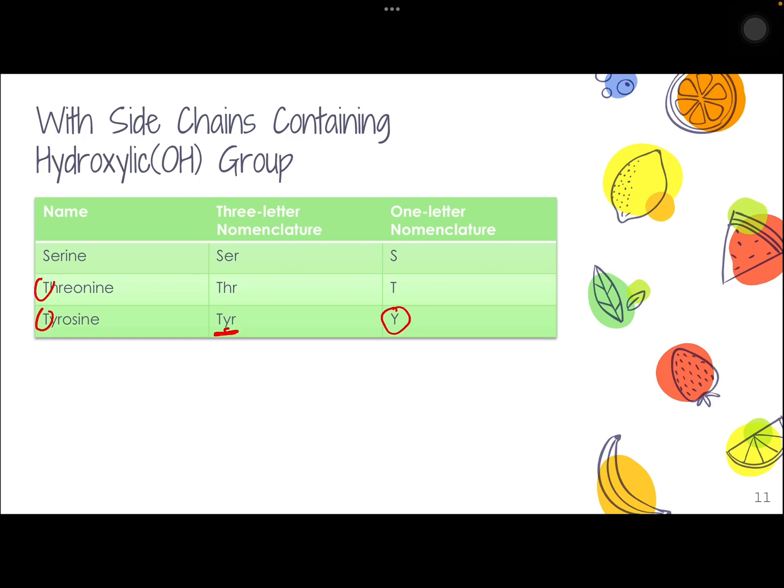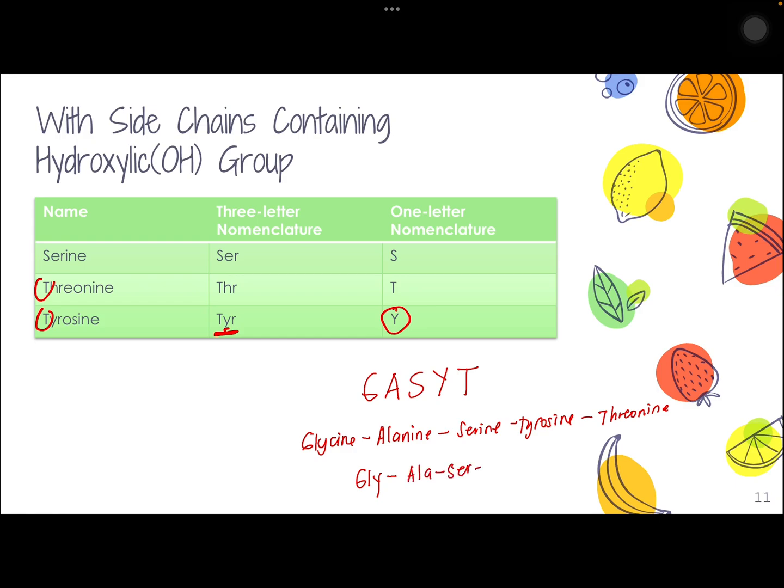So if I ask you to identify the amino acid given GASYT, your answer would be glycine, alanine, serine, tyrosine, and threonine. In three-letter nomenclature, it will be GLY, ALA, SER, TYR, and THR, separated with dashes.